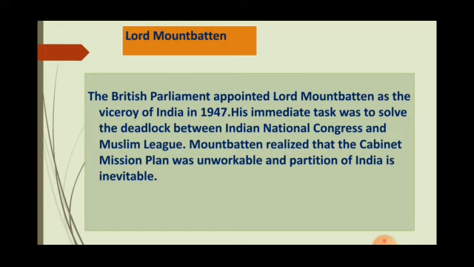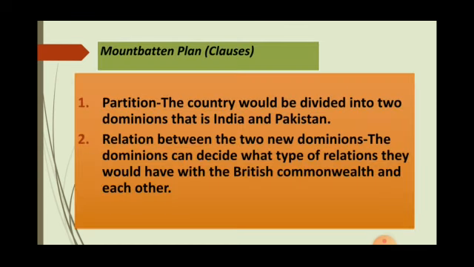He realized that the Cabinet Mission Plan was unworkable and partition of India is inevitable. So he prepared a plan for the partition of India. That plan was called Mountbatten Plan.